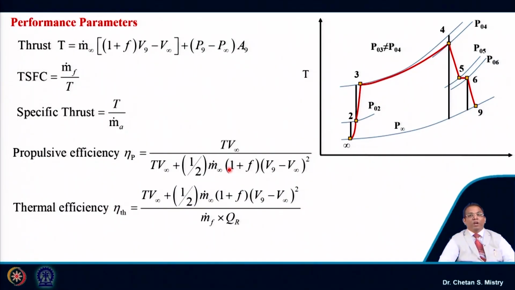We can calculate our thermal efficiency based on this correlation, where the denominator will be m_f into Q_R. This Q_R is nothing but the lower calorific value of the fuel. Once we calculate our propulsive efficiency and thermal efficiency, we can calculate our overall efficiency.